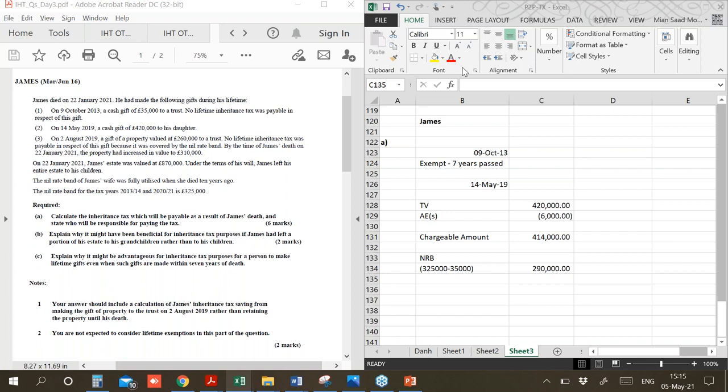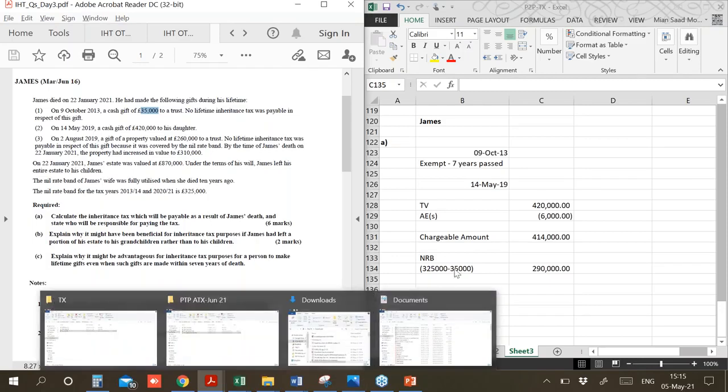Guys, you forgot to highlight that while calculating the consumption of nil rate band, I should have deducted 6,000 as an annual exemption from this value as well, because nil rate band utilizes the value that is after the exemptions. So the nil rate band would not have utilized the complete 35,000, it would have utilized 29,000 rather.